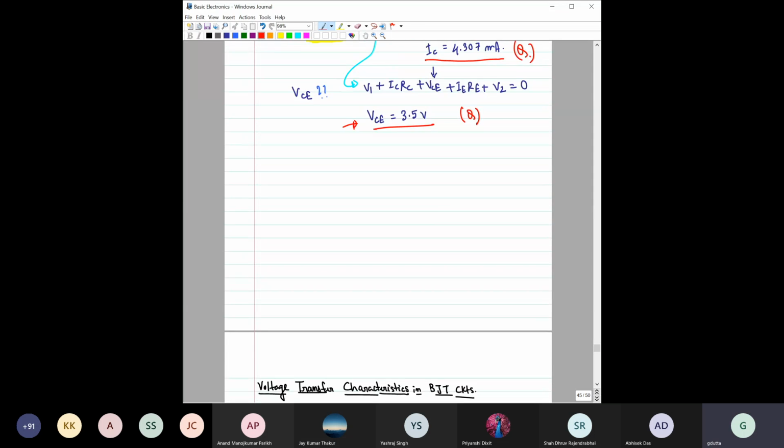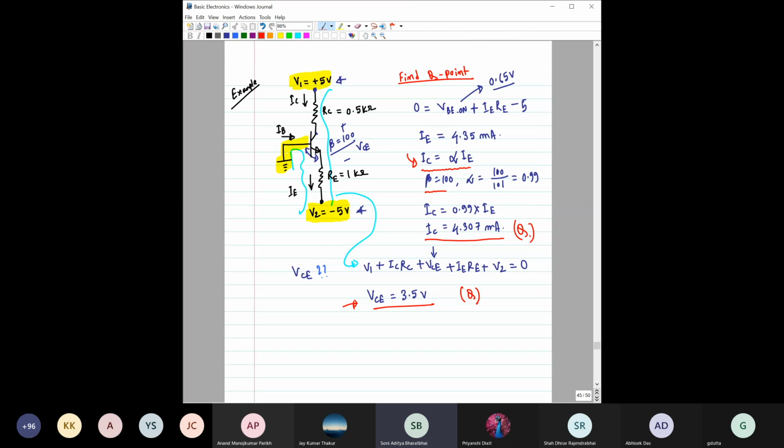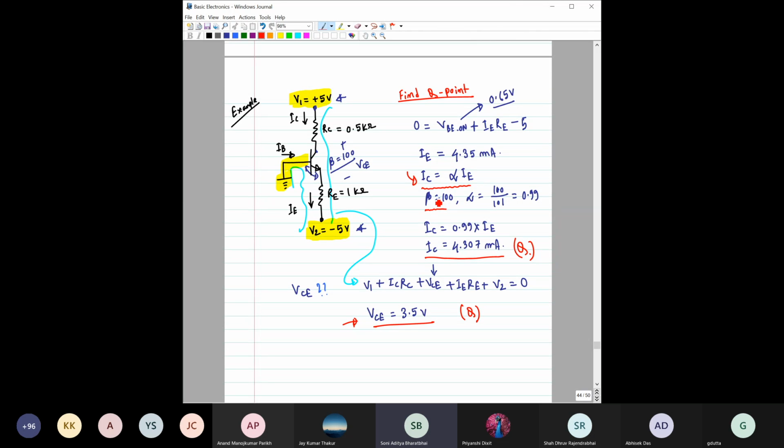So the second KVL, I did not understand how you wrote. It means V1 minus ICRC should be there, no? Or in that case, will it not be easier to write V1 equal to the whole statement? Yes, so it would be easier to correct it like this.